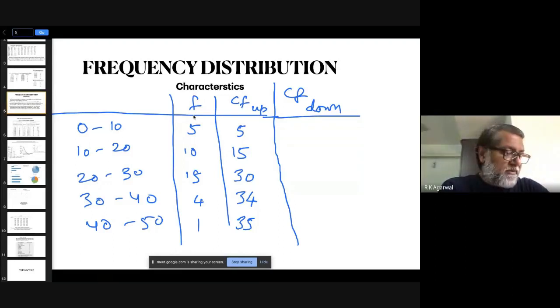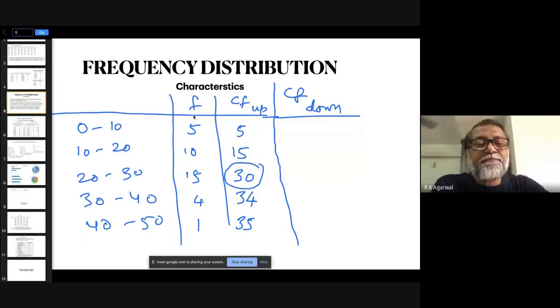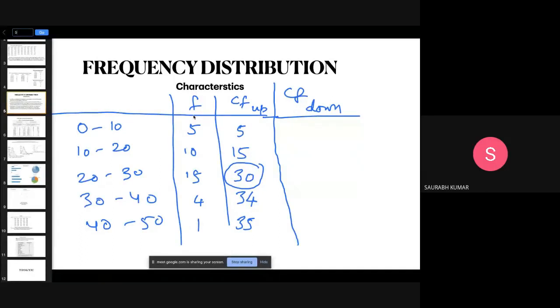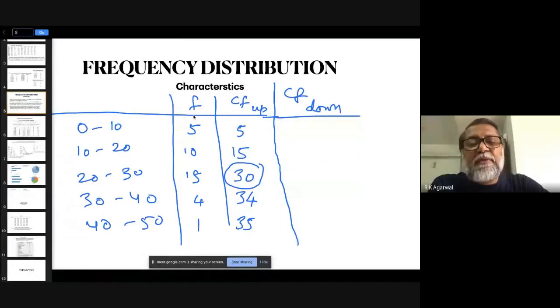Say, this is 30. What is the interpretation of 30? There are 30 frequencies whose values are under 30.